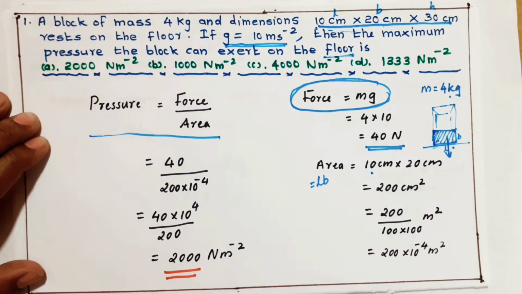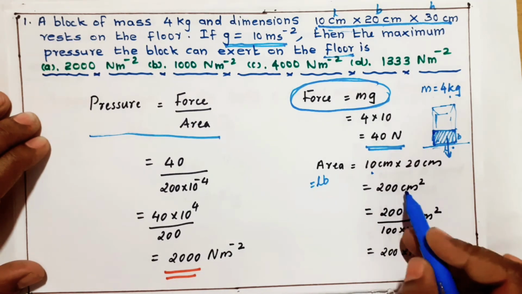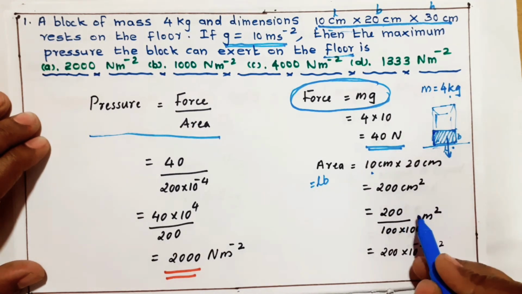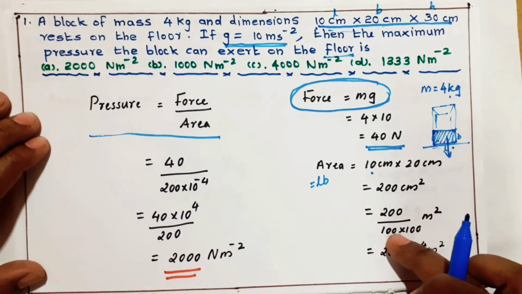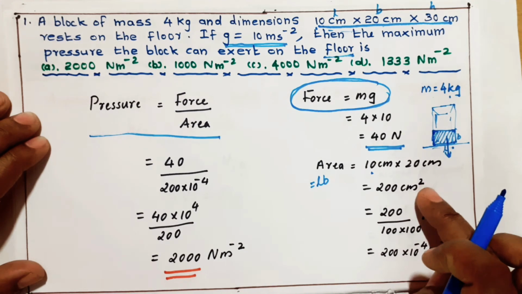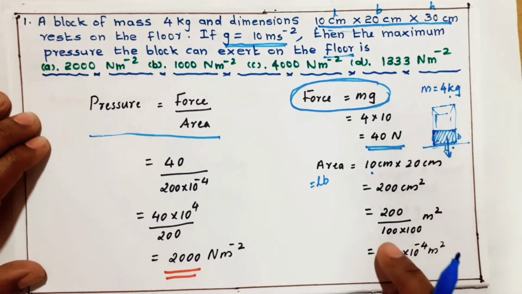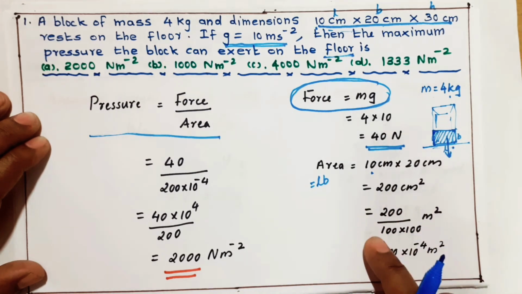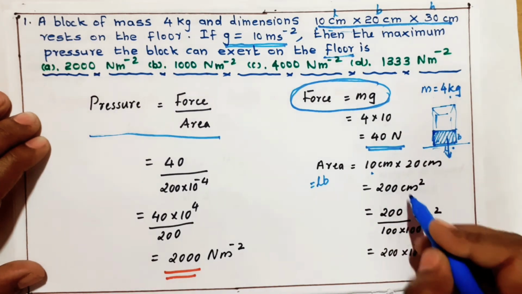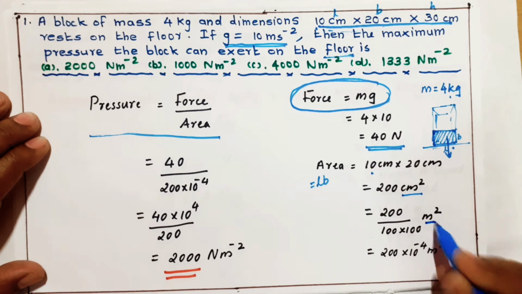We need to convert to meter square. If you want to convert centimeter to meter, divide by 100. For centimeter square to meter square, it is 100 into 100, two times. So 200 by 100 into 100 converts the unit centimeter square to meter square.